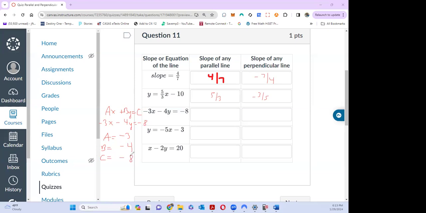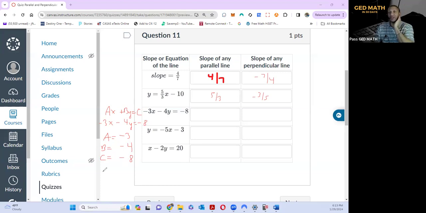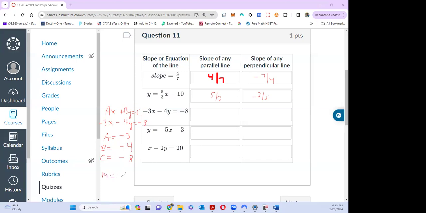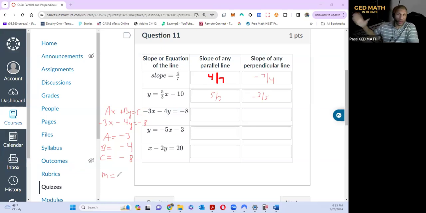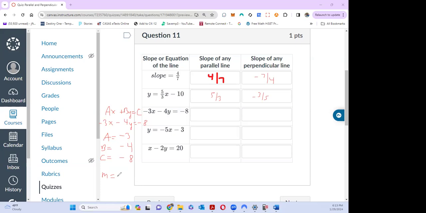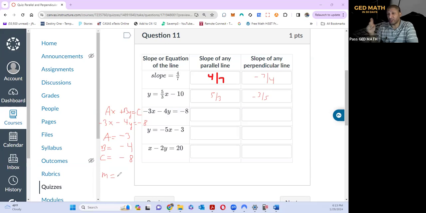Now, when you're given it, how do you find a slope from standard form? What fast way did I show you how to find a slope if you're given a linear equation in standard form? I'm only asking one question. How do I find the slope of a linear equation in standard form?